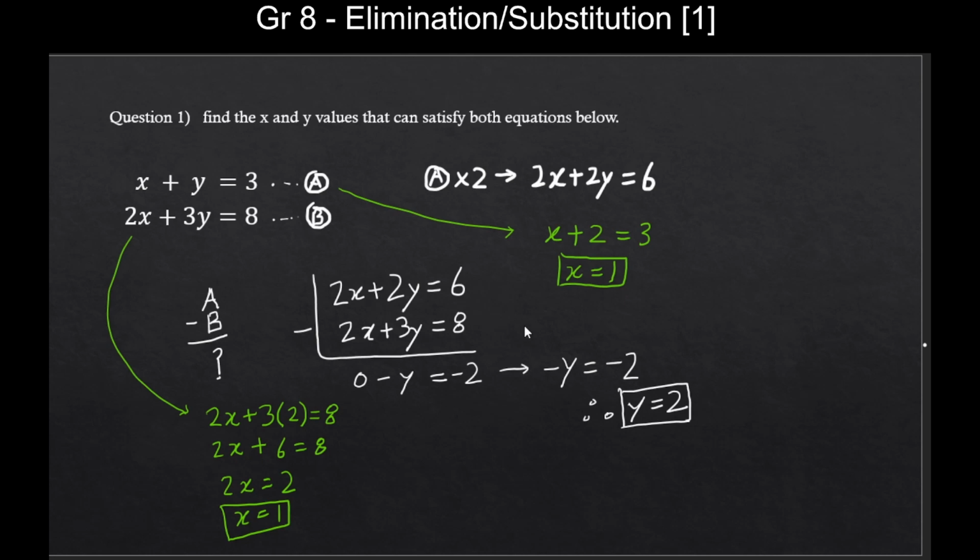It doesn't matter. You can just choose whatever you want, whichever looks easier. Okay? So our answer is going to be x is equal to 1 and y is equal to 2. This is our answer.